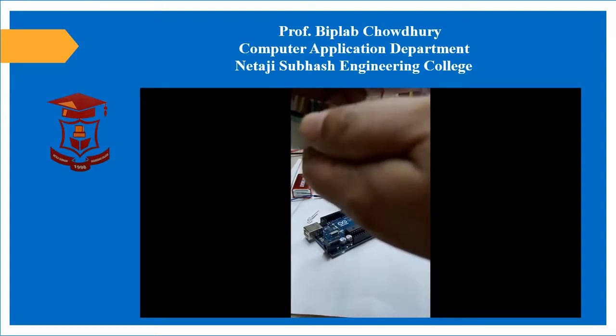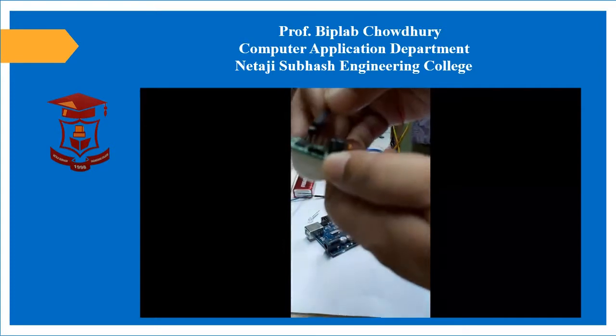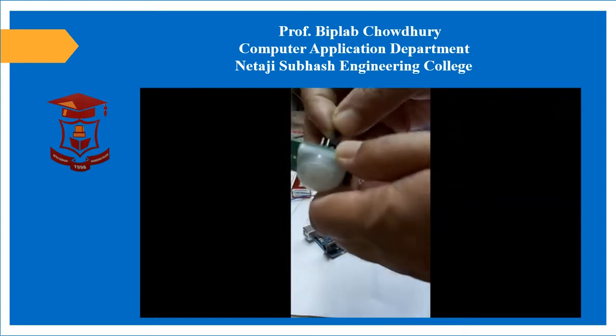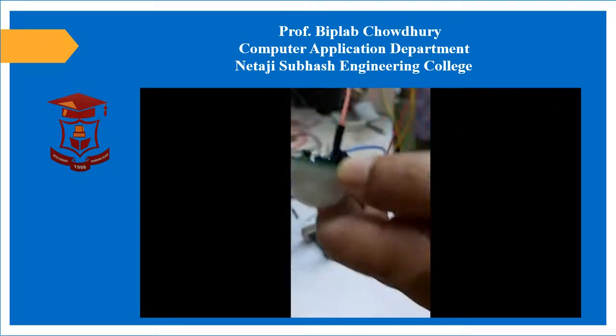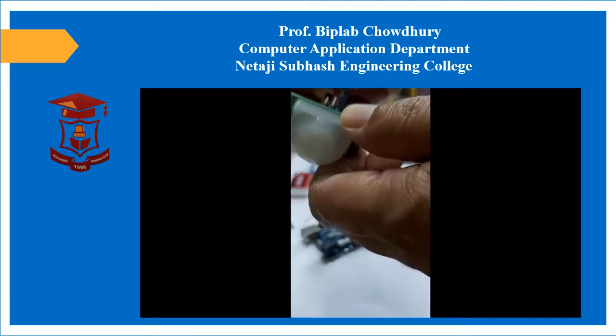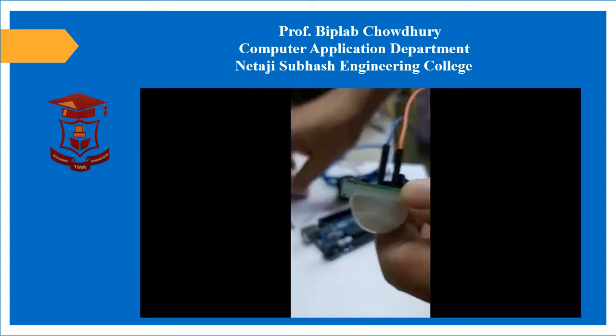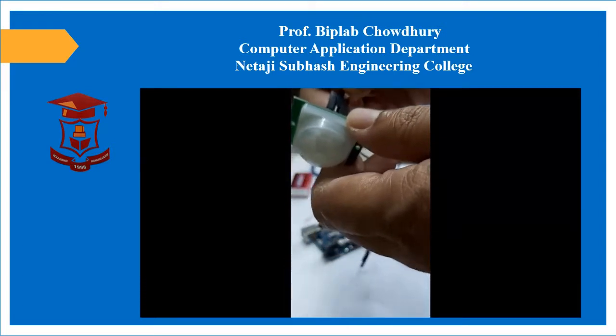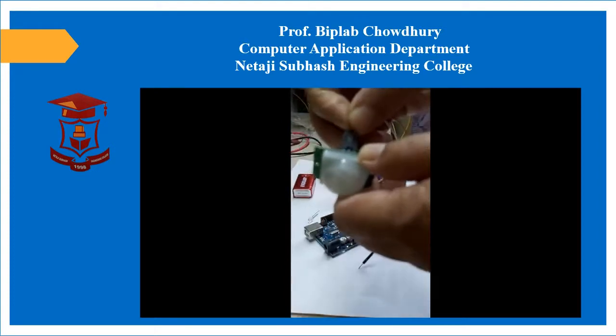It has 3 pins. One pin is for positive, we connect this positive pin. One is for ground or negative, we connect the negative pin, and the middle pin is for output.